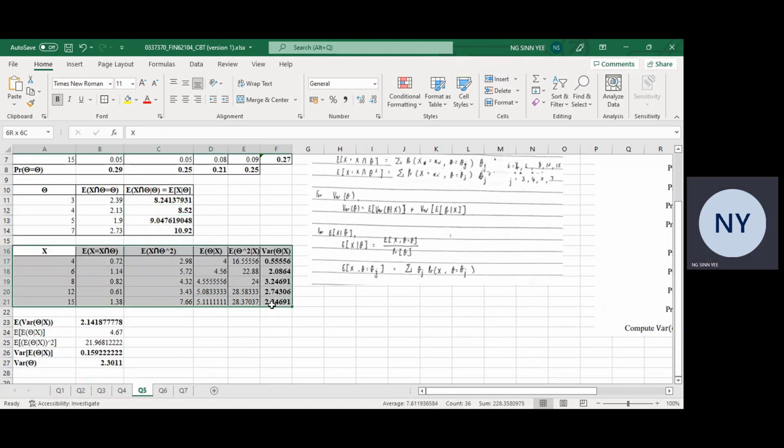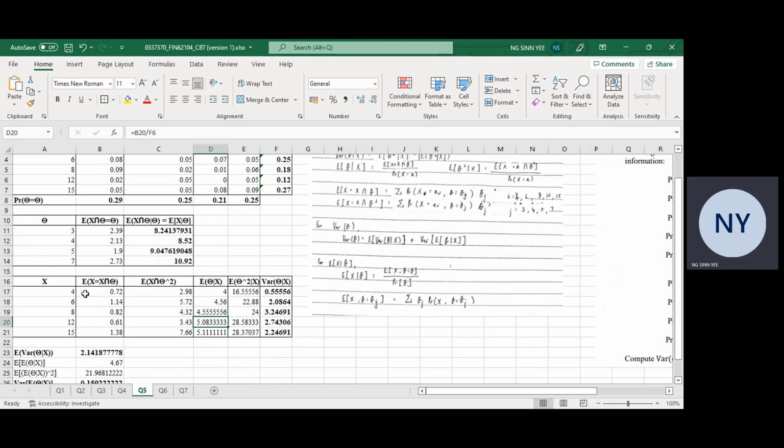In this following table, we're actually doing the same process, but now we are finding the joint expected value on difference x instead of data.